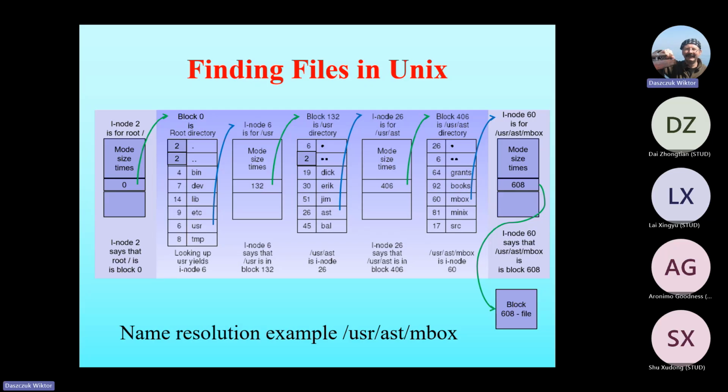So we found USR. It defines inode 6. So we read inode 6, and we look where the file is in data. It is in block 132. We read this block, and we read the content of the USR directory, searching for AST.